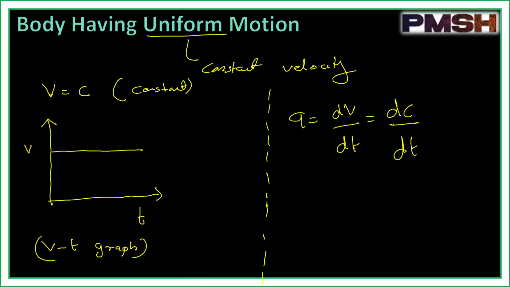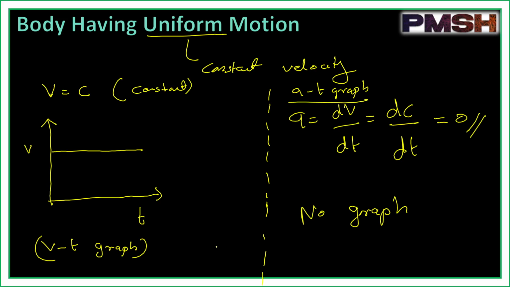What is the derivative of a constant? It is 0. So here acceleration is 0. When the motion is uniform, the acceleration is 0, so no graph. For the acceleration time graph, you cannot draw a graph, because the acceleration is 0.